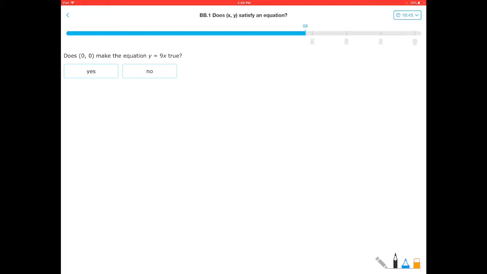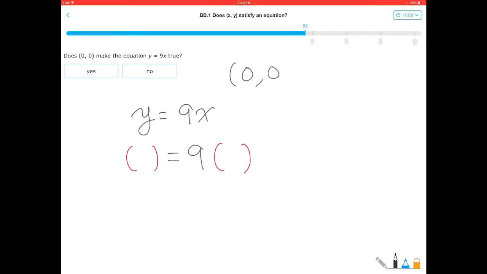Okay, let's do this one. y equals 9x. Placeholders, y equals 9 times x. What's my point? (0, 0). That's x, that's y. What goes in for y? 0. What goes in for x? 0. Simplify.